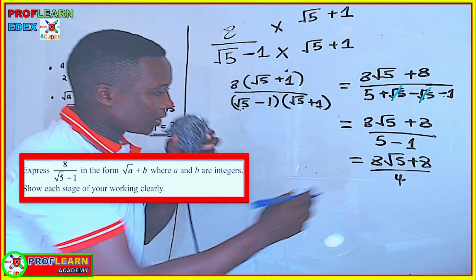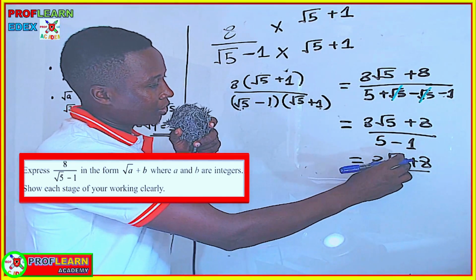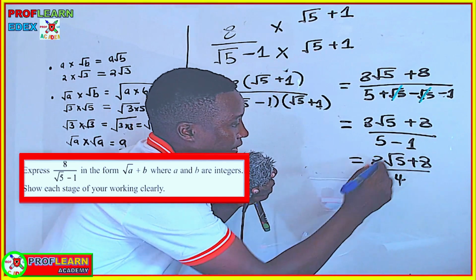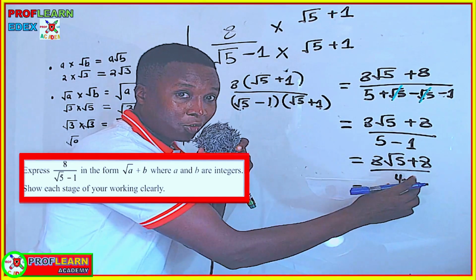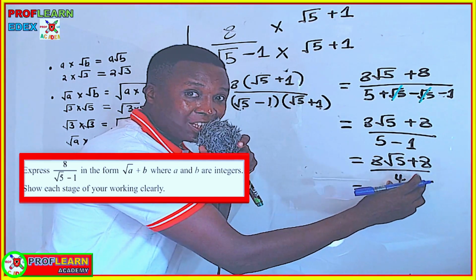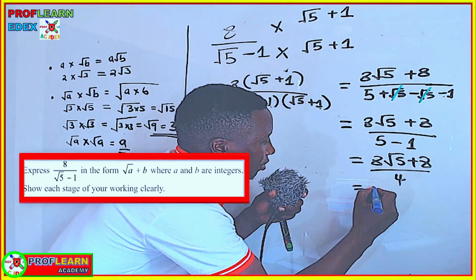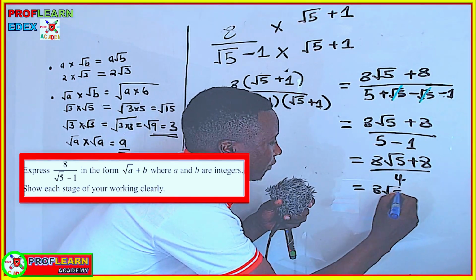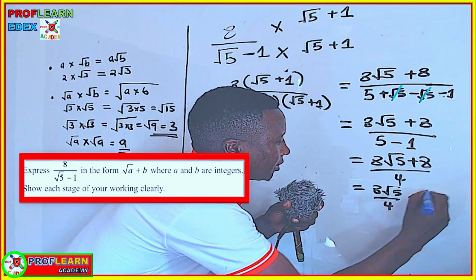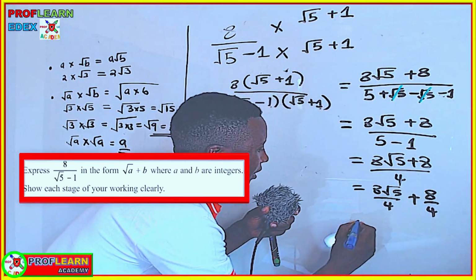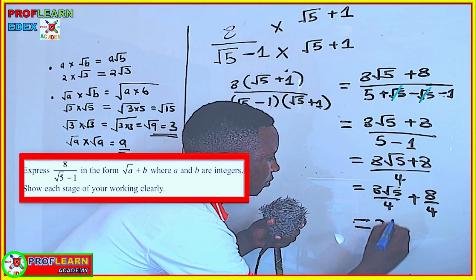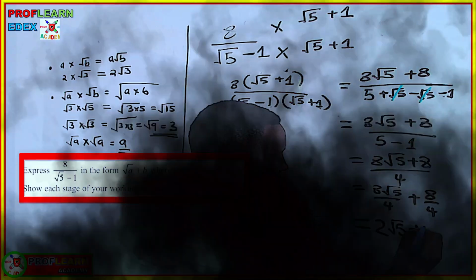Once we have this, we can divide each term at the numerator by the single term 4 at the denominator. So this is 8 root 5 over 4 plus 8 over 4, which translates to 2 root 5 plus 2.